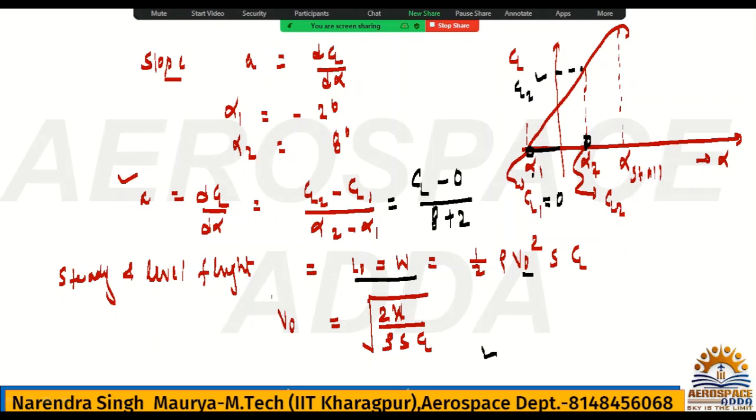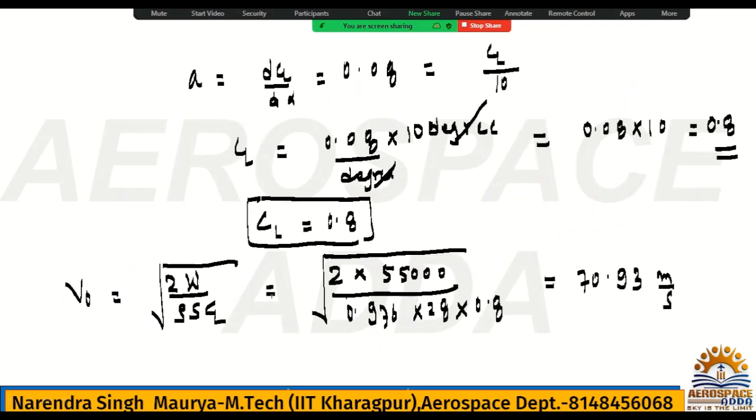What is L naught, what is L? What is D naught, what is D? All the naught quantities are the steady level flight values. Without naught, values like L, T, D, V, P are all during turning. Fine, so velocity we got.